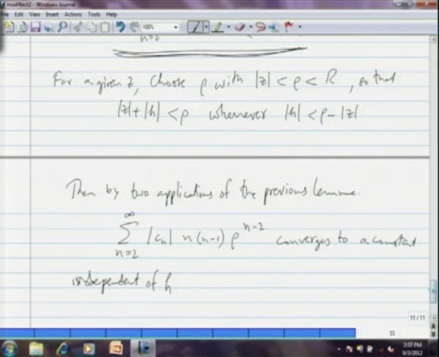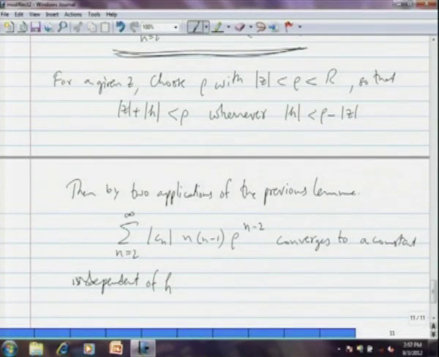Okay. So, the previous lemma tells you that if sigma C n z power n converges, then the derived series sigma n C n z power n minus 1 also converges within the radius of convergence. Okay. So, since the real number rho occurs within the radius of convergence, it is less than r. Okay.